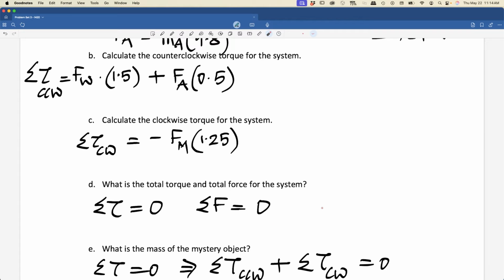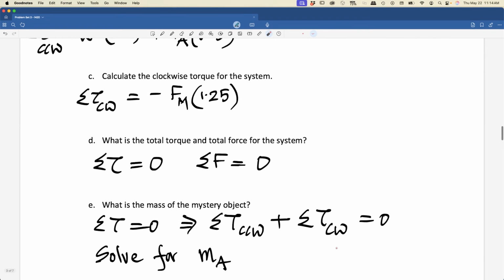So what does that mean? It means that if you add the clockwise and the counterclockwise torques, you must get zero because the net torque is zero.